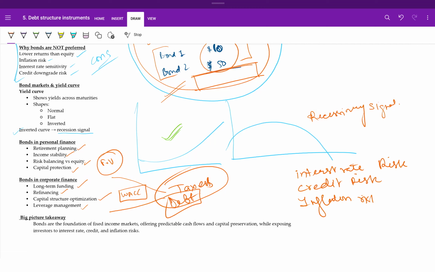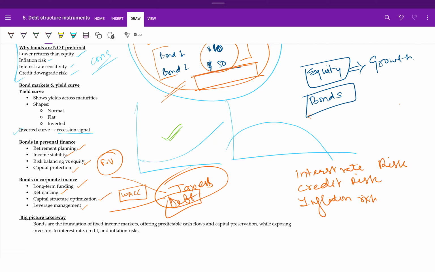But when we talk about equity, it is basically about growth only. And bonds are more about stability.